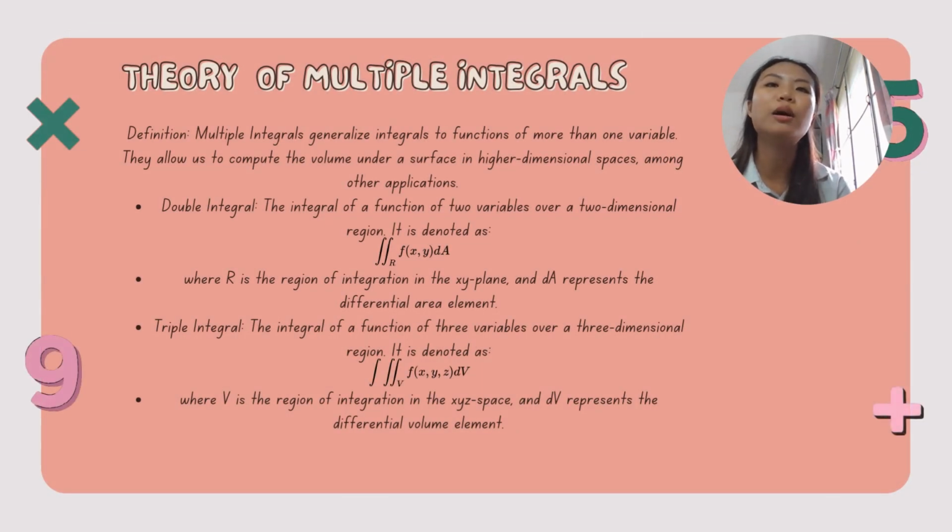So the theory of multiple integrals. The definition is generalizing the integral to functions of more than one variable. Therefore, we can compute the volume under the surface, mass distribution, and other expressions.